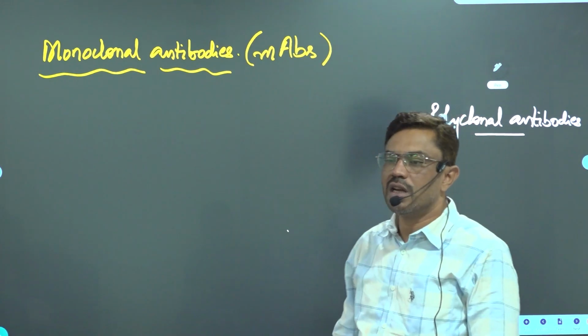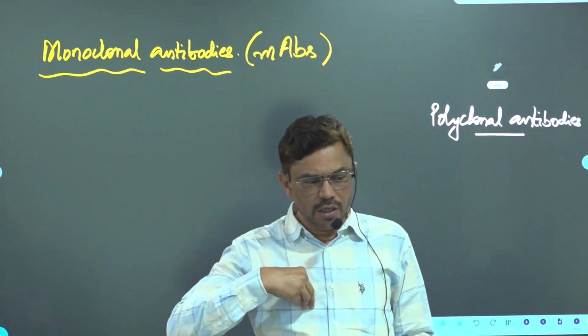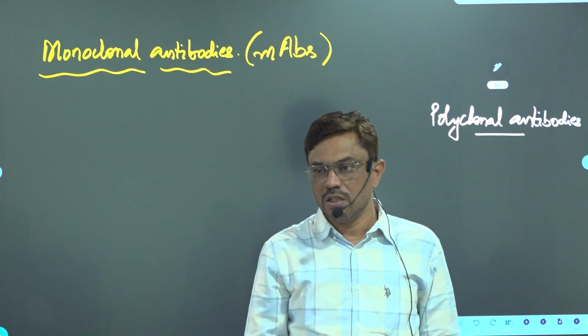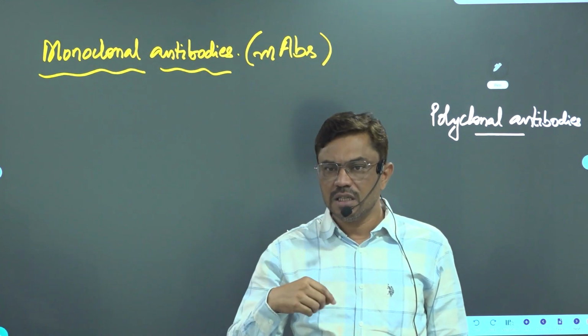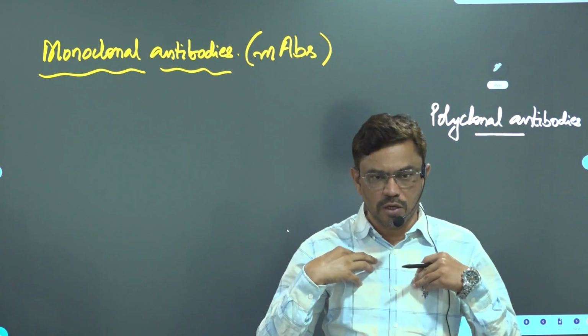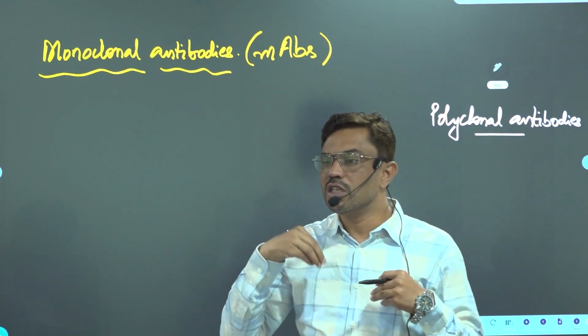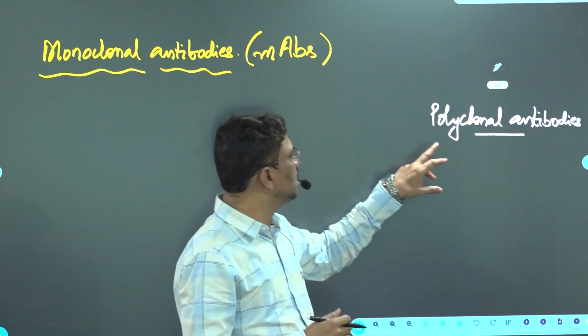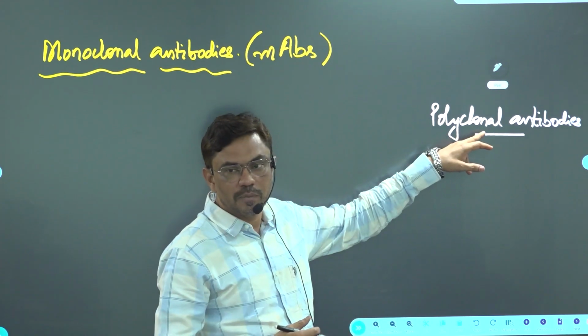Antigen means any foreign particle that enters into our body and causes harm. Against this antigen, some proteins are produced in our body. These protective proteins are called antibodies. Generally, the antibodies released in our body are polyclonal type.